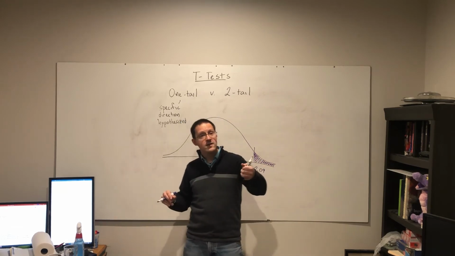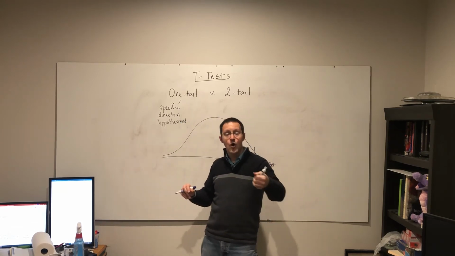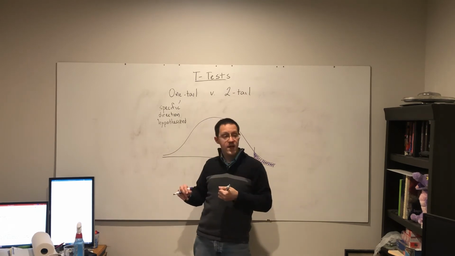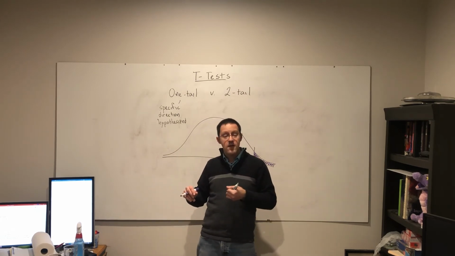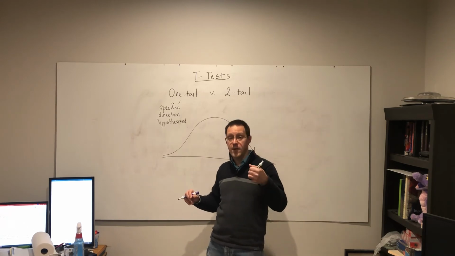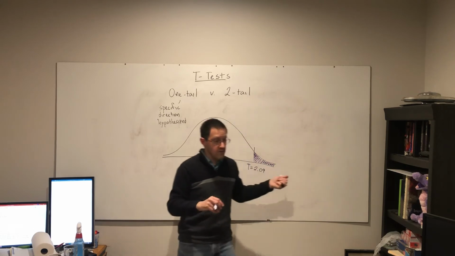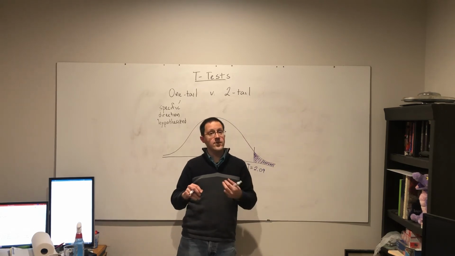If I say the COVID rates are lower in areas with a mask mandate, now I am specifying a direction. I'm hypothesizing this. Or I could say they are higher in areas without a mandate.